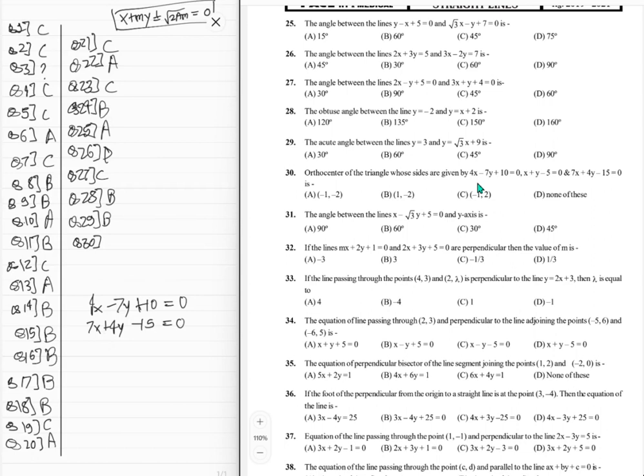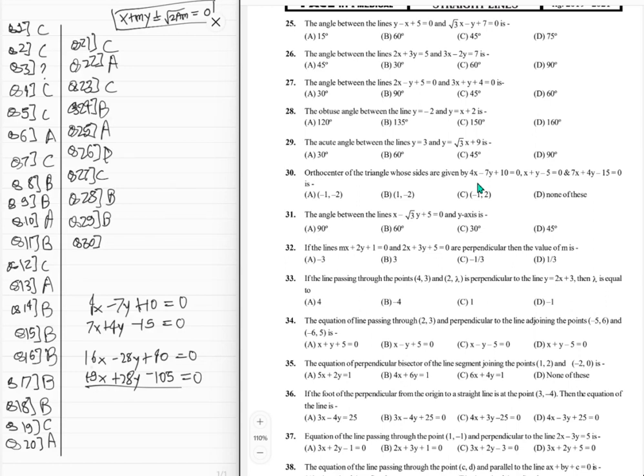Multiply by 4 for the first equation: 16x minus 28y plus 40 equal to 0. Multiply by 7 for this equation: 49x plus 28y minus 105 equal to 0. Then add these.